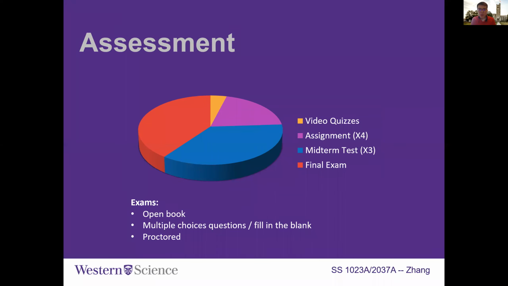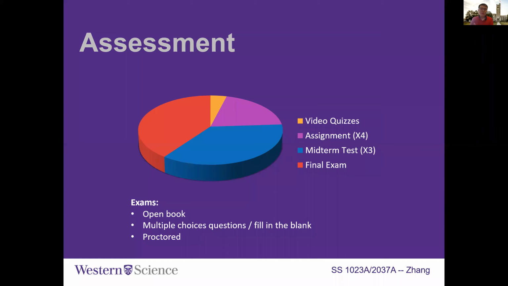Are midterm exams cumulative? What do you mean by cumulative? Do you mean the content is cumulative, or the score is cumulative? For the midterms, the content won't be cumulative.